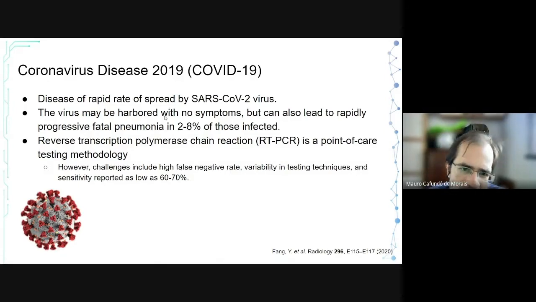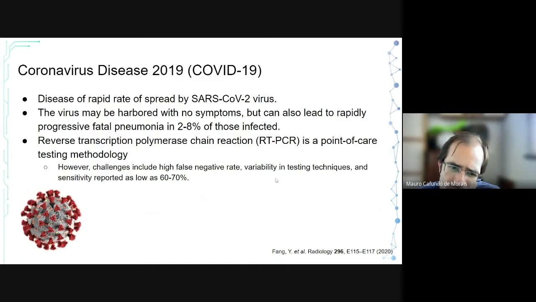Some patients do not present any symptoms, but the disease can also lead to a fatal pneumonia, right? And the point-of-care testing method is based on RT-PCR testing, the polymerase chain reaction.